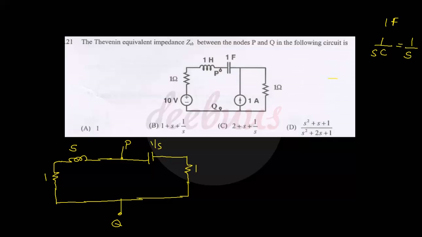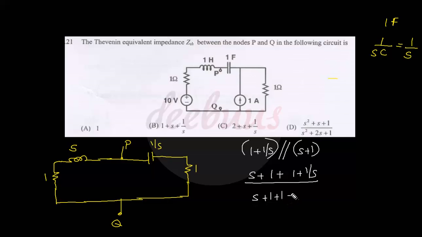Now we have to calculate the total impedance between the points P and Q. So that is 1 plus 1 by S, right? 1 ohm is in series with 1 by S. So 1 plus 1 by S in parallel with S plus 1, right? That is (S plus 1) times (1 plus 1 by S) divided by (S plus 1 plus 1 plus 1 by S).